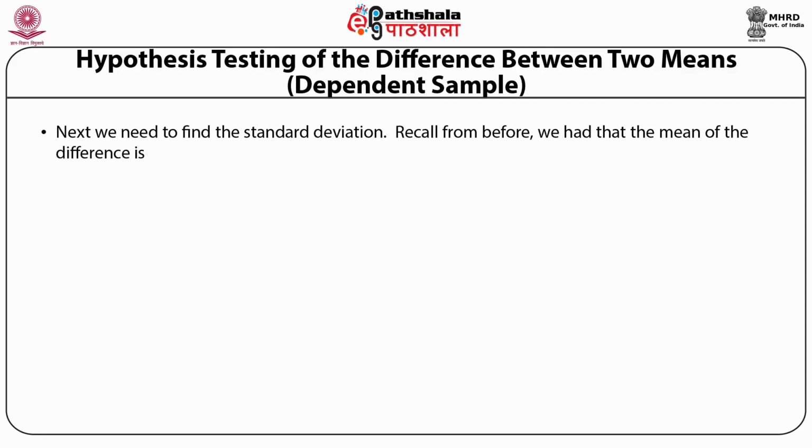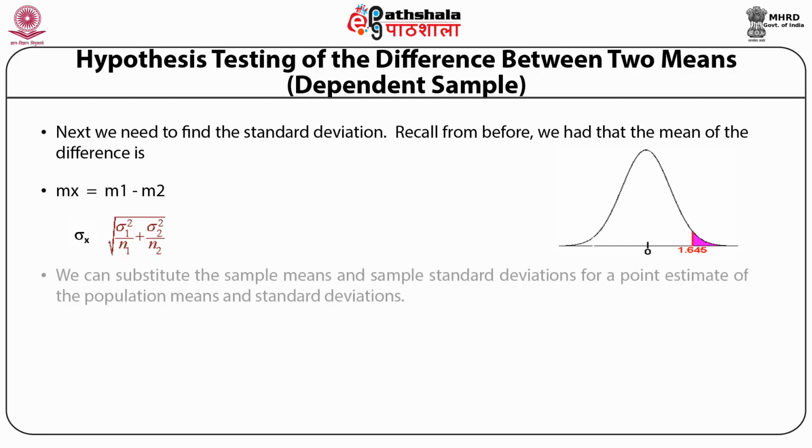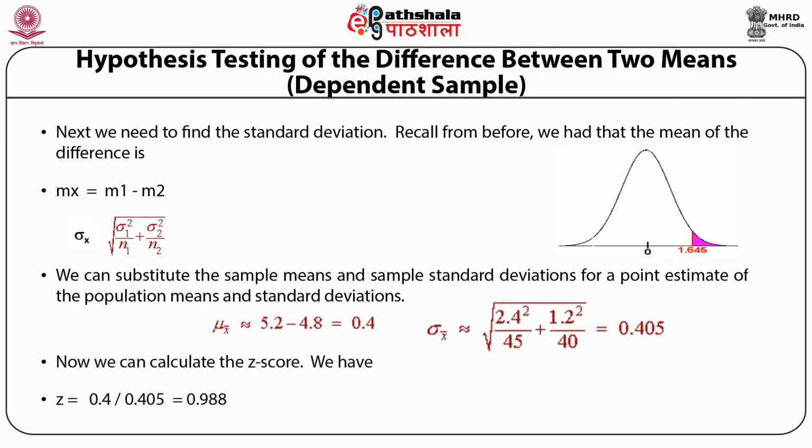Recall from before, we had the mean of the difference is mu1 minus mu2 and the standard deviation formula, which you can see here. So x bar 5.2 minus 4.8 is equal to 0.4. We found this by substituting the sample means and standard deviations as point estimates of the population means and standard deviations. The standard deviation we got is 0.405.